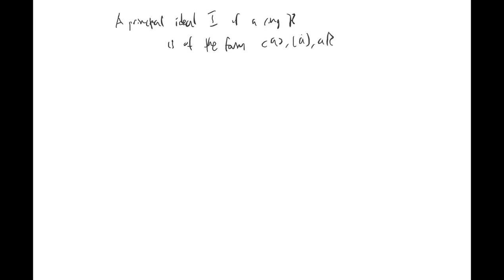We had the result that a principal ideal A of a ring R is of the form, they call it bracket A, or sometimes they denote it AR or RA.